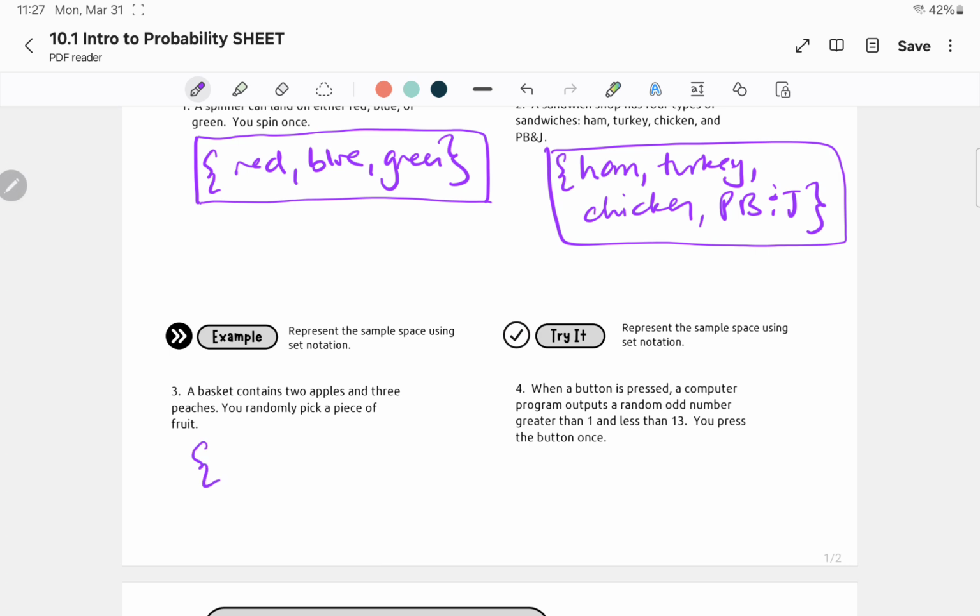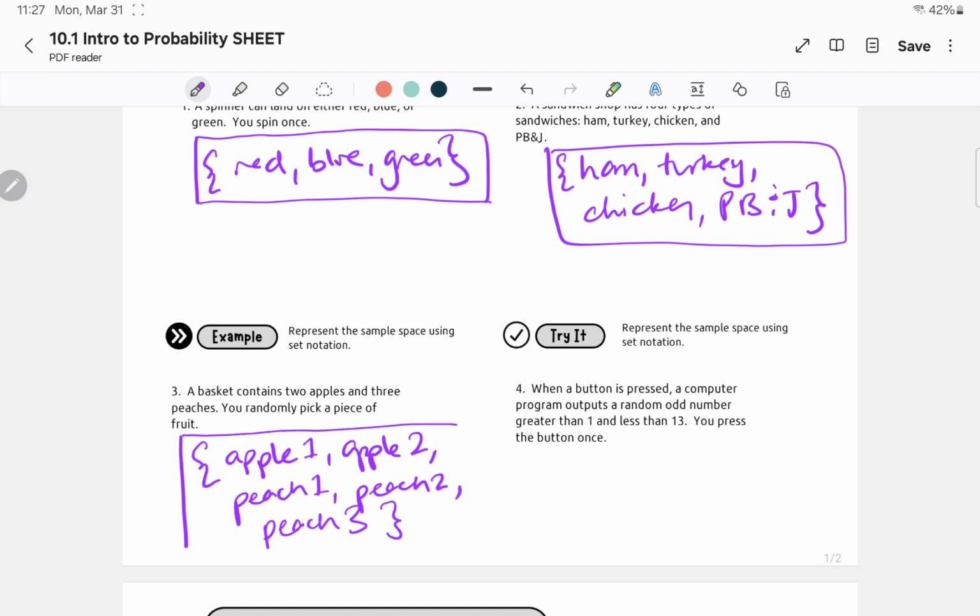To distinguish that, we put apple 1, apple 2, and then since there are 3 peaches, peach 1, peach 2, and peach 3. There are 5 possibilities because there are 5 pieces of fruit in that basket. Now try number 4 on your own.